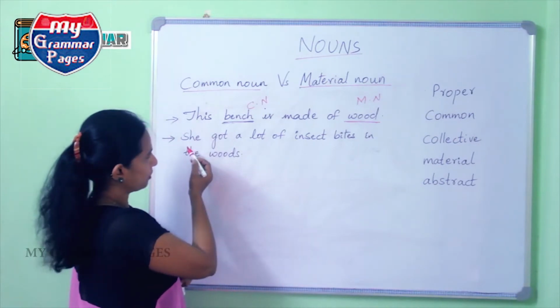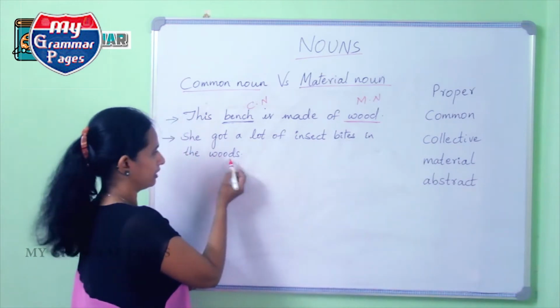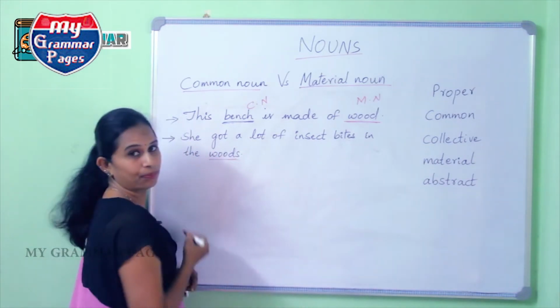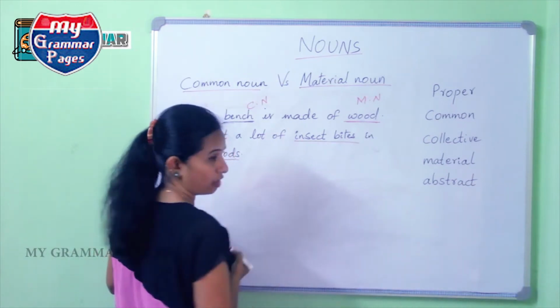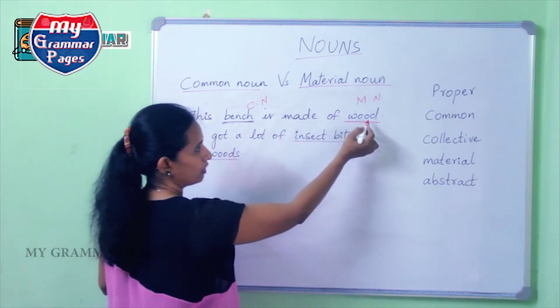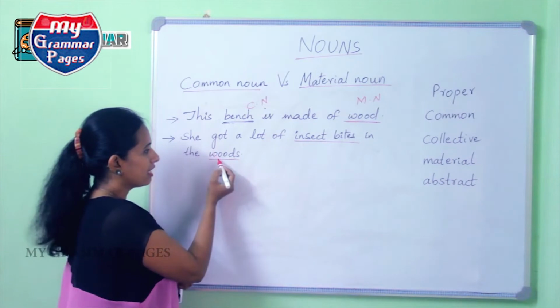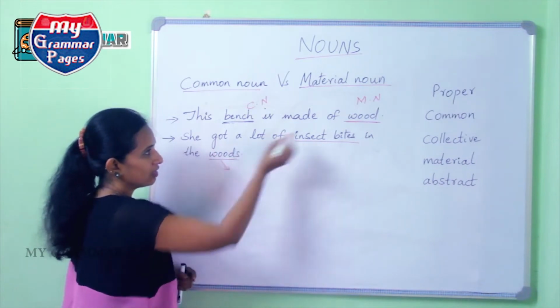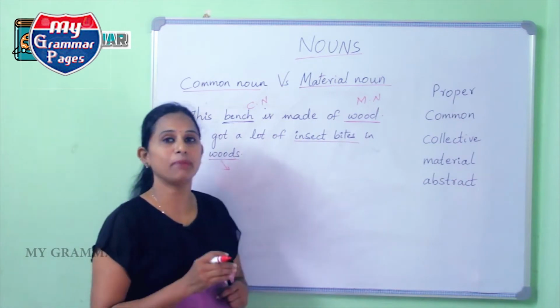And coming to the next one, she got a lot of insect bites in the woods. So here we have a noun. Even here insect bites is also a noun, and here I am talking about the difference between the wood which is present in the first sentence and the woods in the second sentence. Here woods is not the plural form of wood because we know that there is no plural form of material nouns.